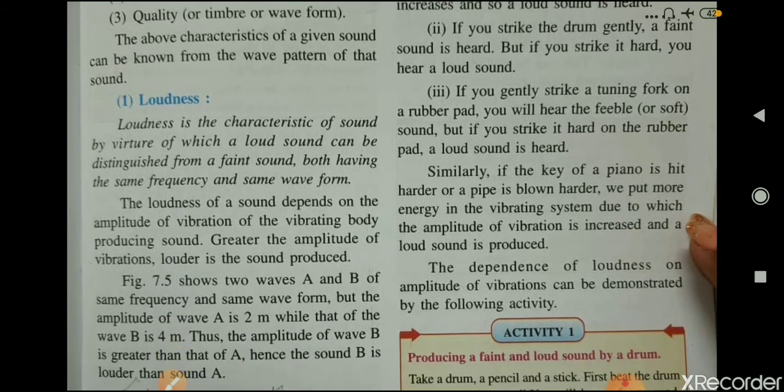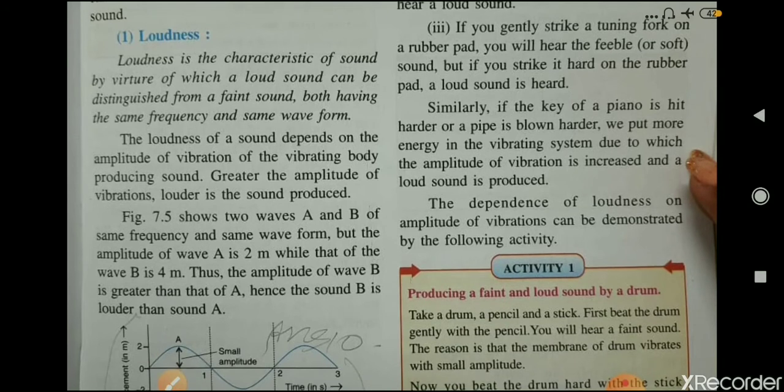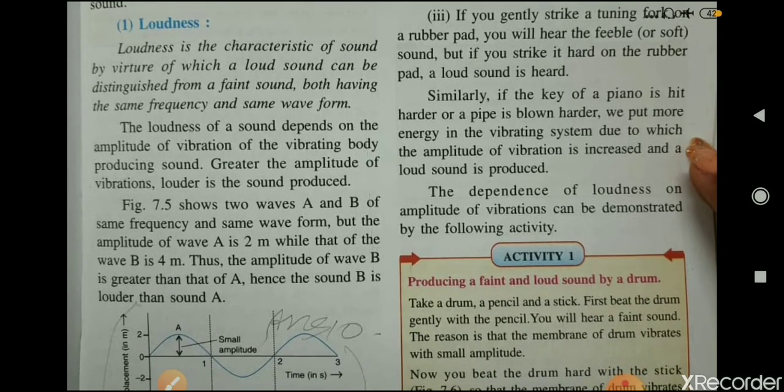First one is loudness. Loudness is the characteristic of sound by virtue of which a loud sound can be distinguished from a faint sound, both having the same frequency and same waveform. Means if two sounds have the same frequency and the same waveform, we can distinguish them by the characteristic loudness.